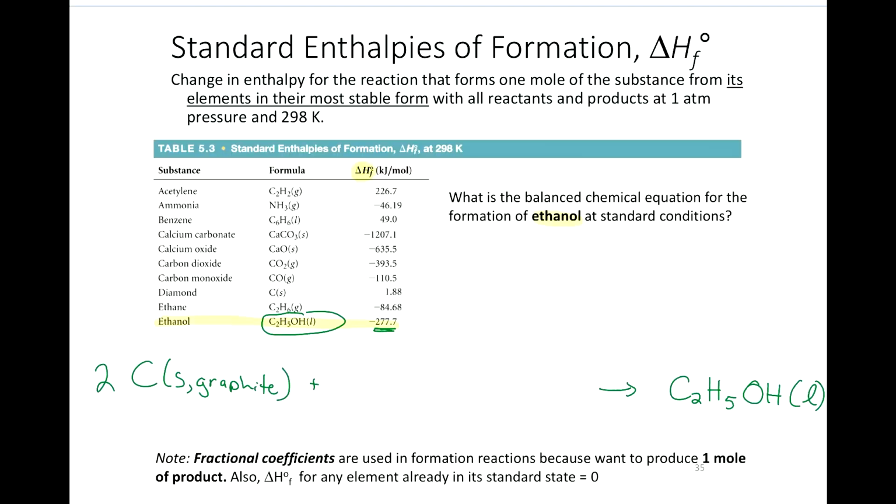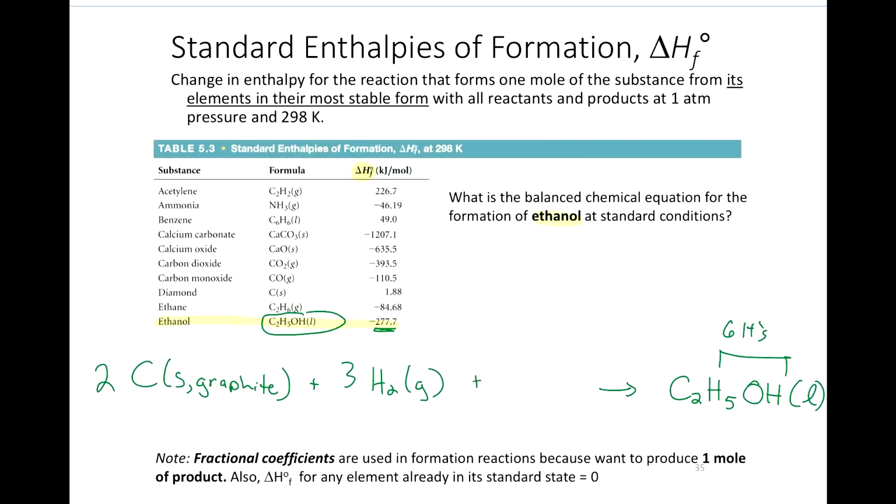So next, we did carbon, let's do hydrogen. It's H2 gas again. But how many hydrogen molecules should I have? 6, yeah, be careful because there's a total of 6 hydrogens here. There's 5 and then 1 tacked on the end. So there's actually 6 H's here, so you need 3 of the H2, all right?